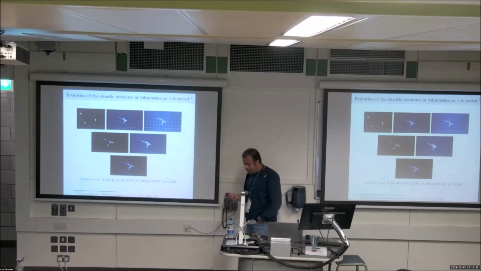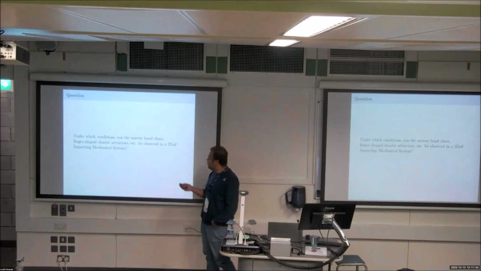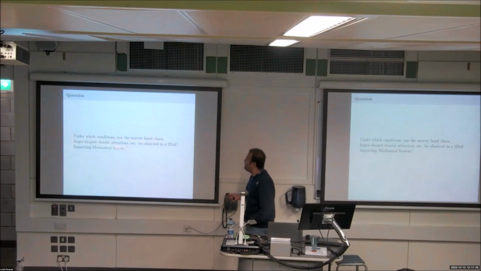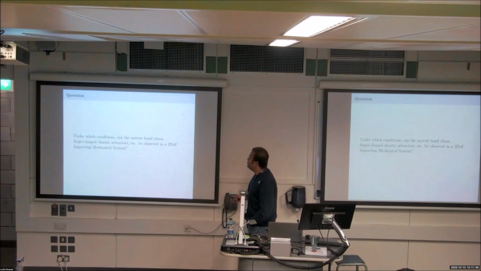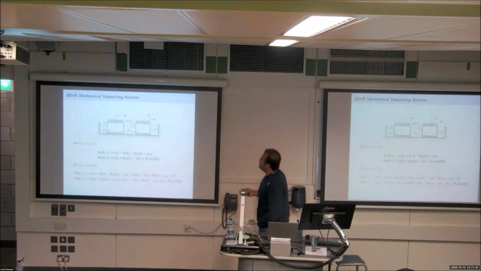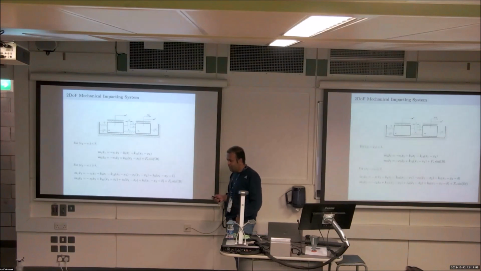Now the question is what will happen if we go to a 2 degrees of freedom impacting mechanical system. Will there be any narrowband chaos, finger shape attractor? All those things will occur? That's the question we are going to ask. For that, we have considered this schematic representation of a 2 degree of freedom mechanical impacting system. We have designed the system numerically, not in experiment, to make our electronic circuit experiment easier.